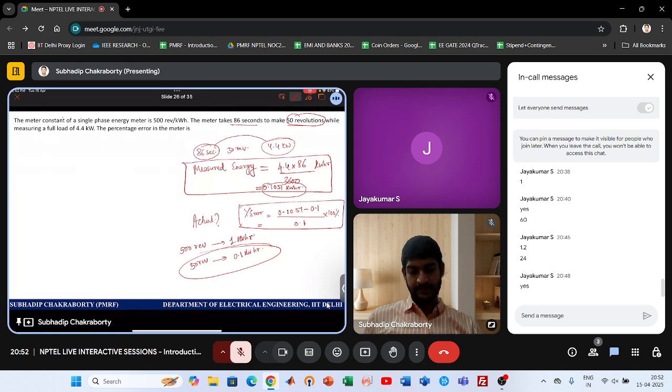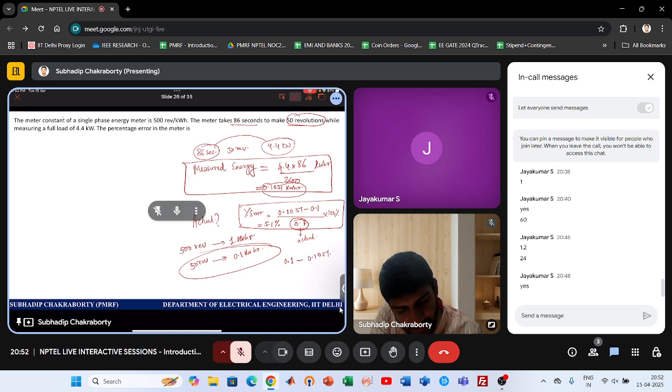Yes, calculate. So sometimes you can do with respect to actual, then it will come as 5.1%. Or you can do like this, that actual minus measured by measured.